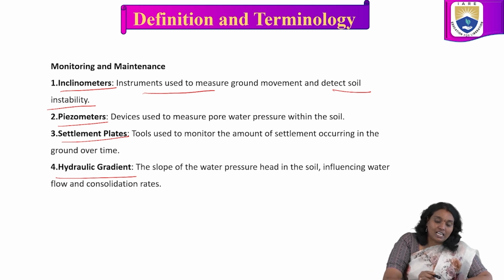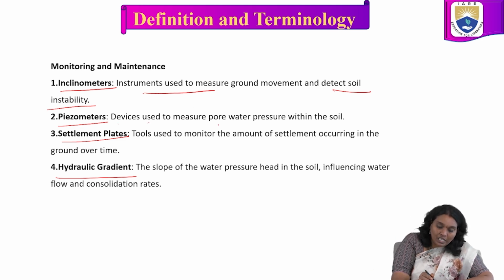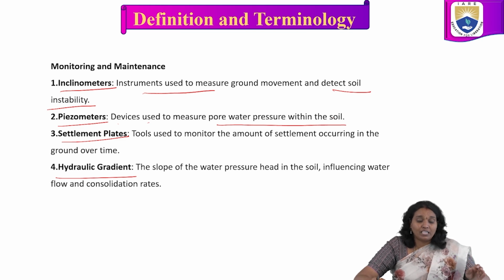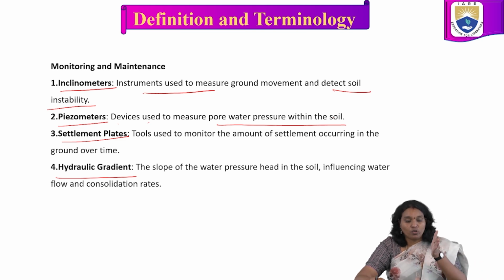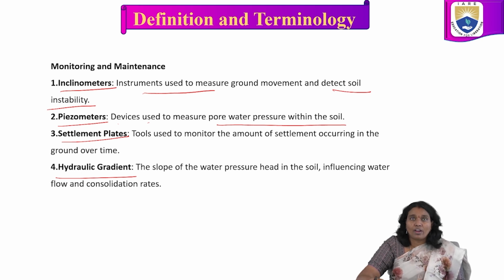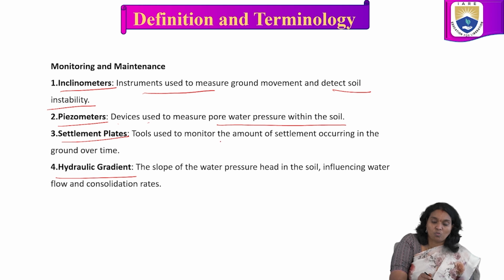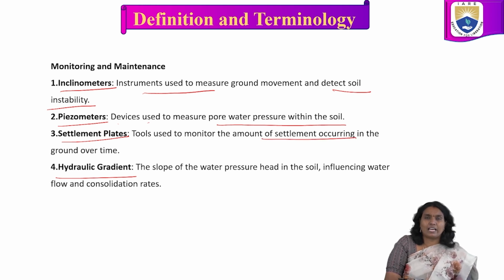Piezometers are devices used to measure pore water pressure within the soil. And moving to settlement plates, tools used to monitor the amount of settlement occurring in the ground over time.